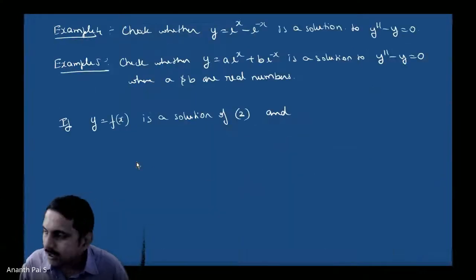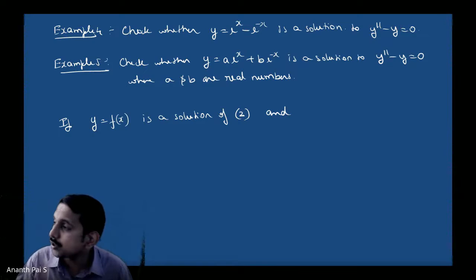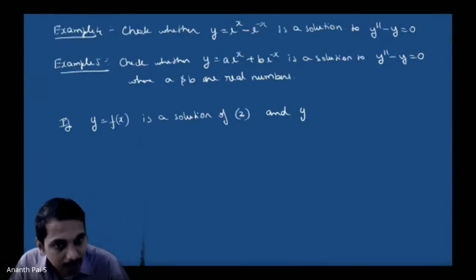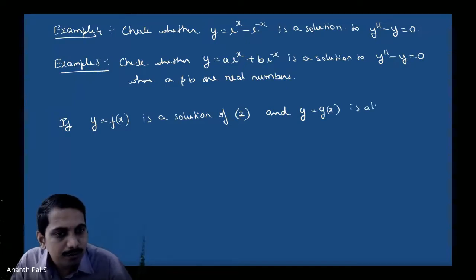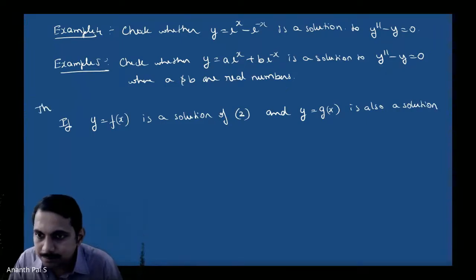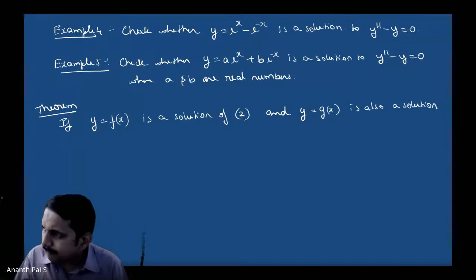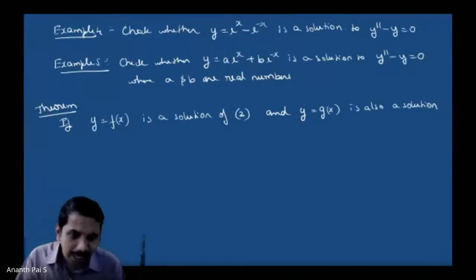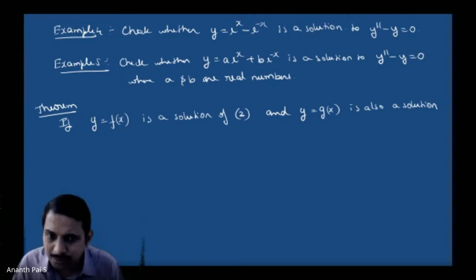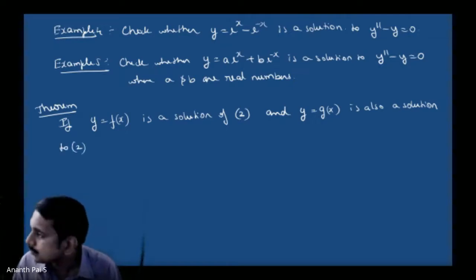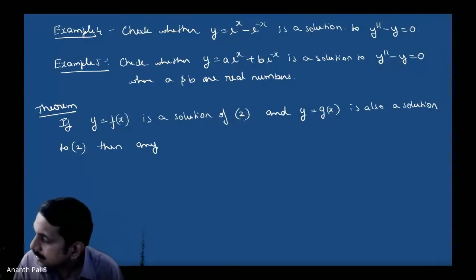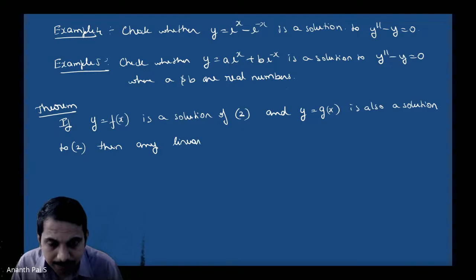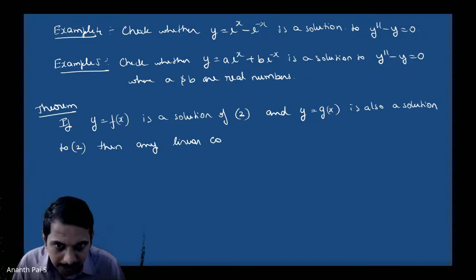If y is equal to f of x is a solution to equation 2, and y is equal to g of x is also a solution to 2, this is a theorem, then any linear combination, or any linear combination.